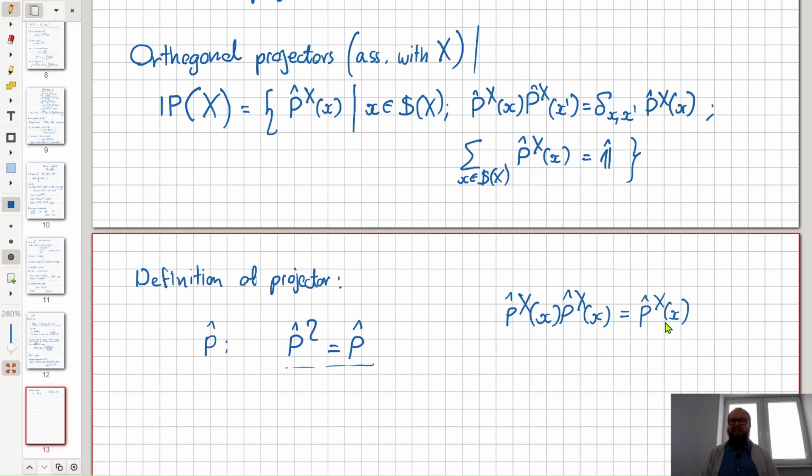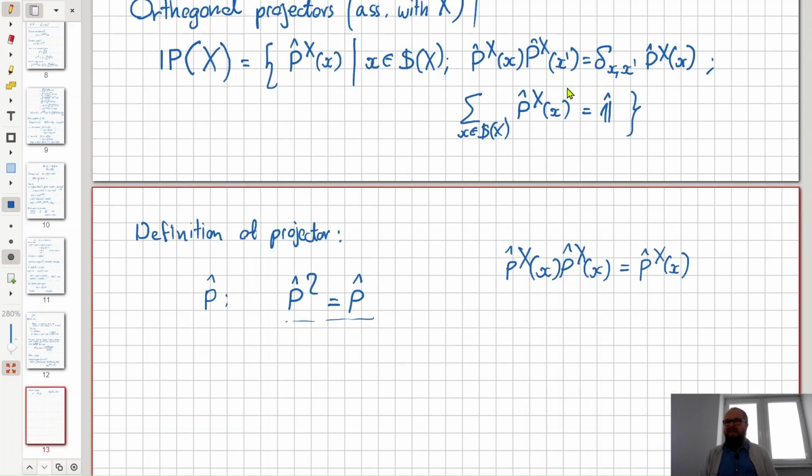But you cannot say that P squared equals P means you have the other way around. You are defining orthogonal projectors; orthogonality is a property of the set of projectors, not of a single projector. This is a set of projectors with extra properties: that they are orthogonal and that they are complete.